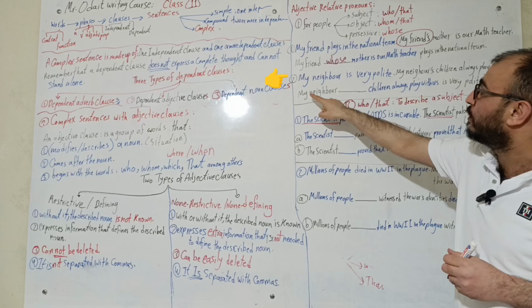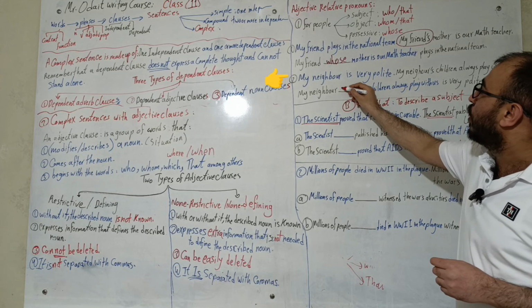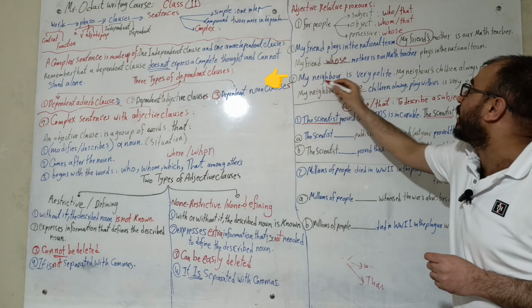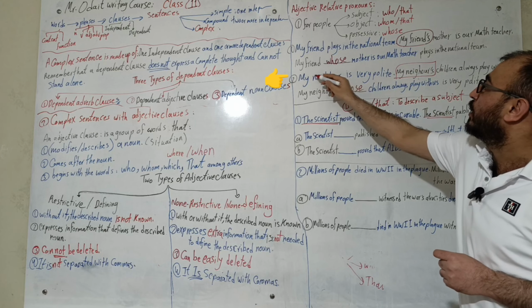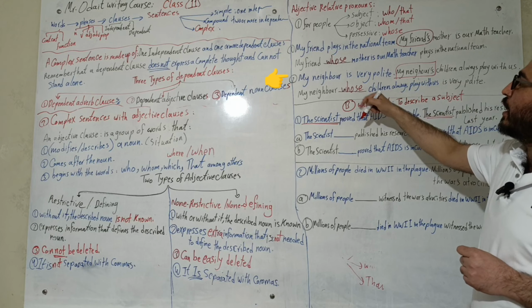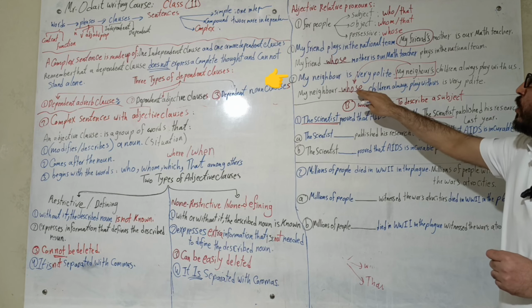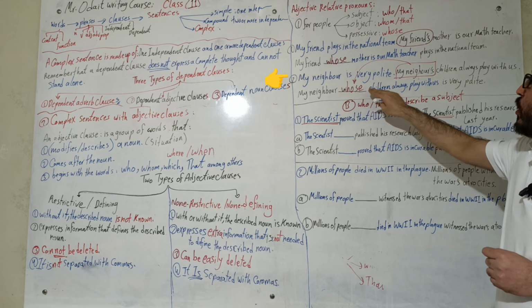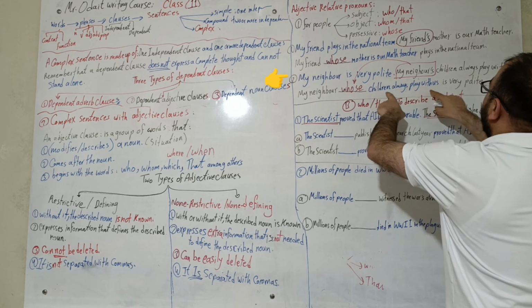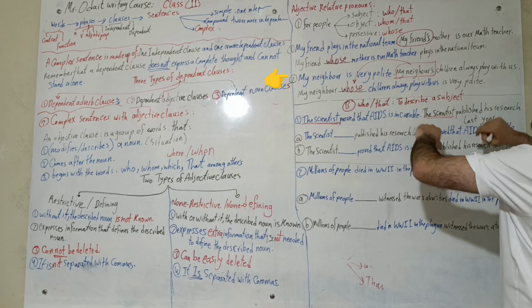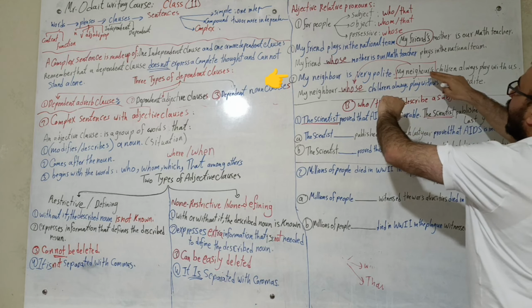Here, my friends, my neighbor whose: I take the repeated noun with the possessive S and I replace it with the relative pronoun whose. Again: my neighbor whose children always play with us is very polite. The first simple sentence I made the main sentence, and I changed the second simple sentence, the second independent clause, into a dependent clause, which is going to be used to describe my neighbor.